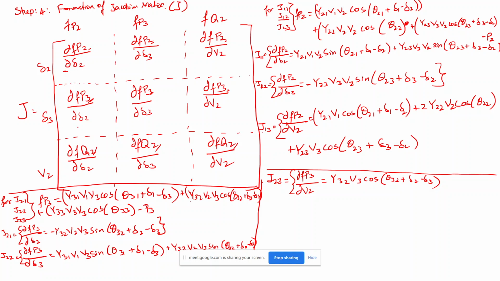Next, J23 is okay. Now we need to find J31, which is the derivative of Q2 with respect to del 2, that is, dou Q2 divided by dou del 2.